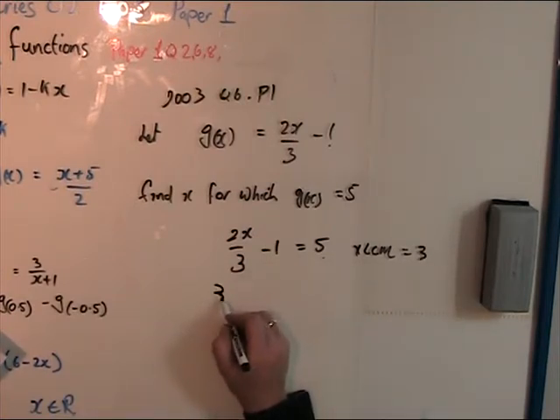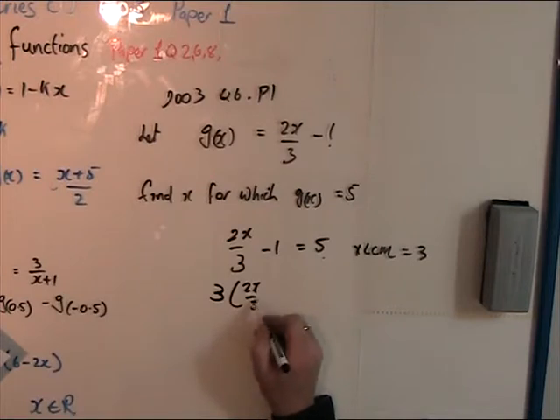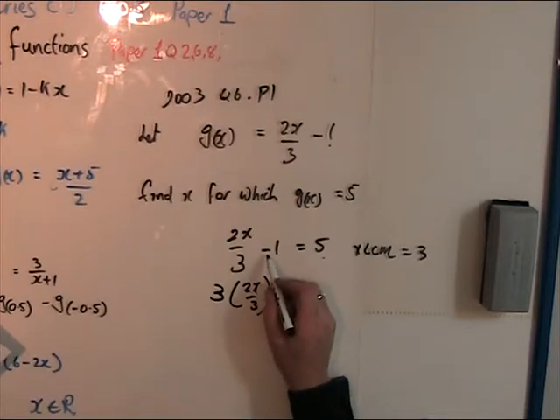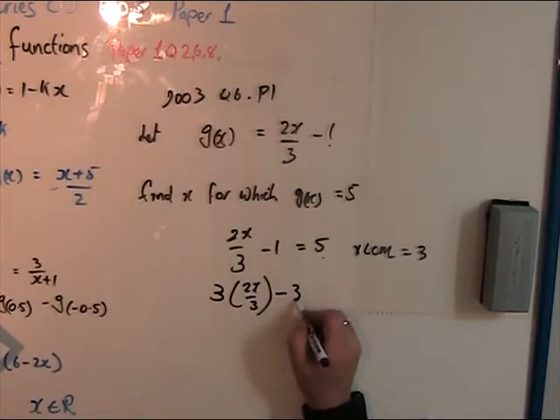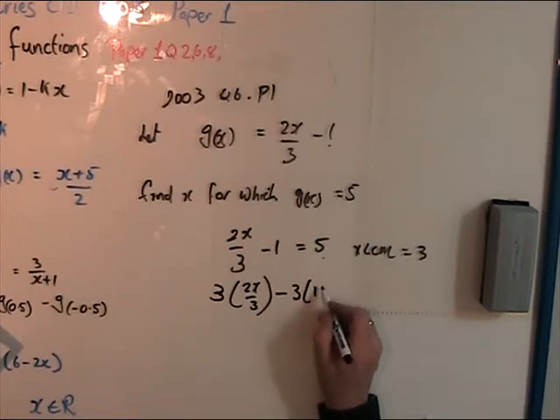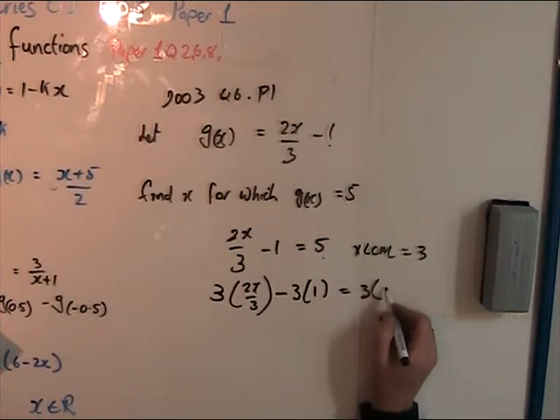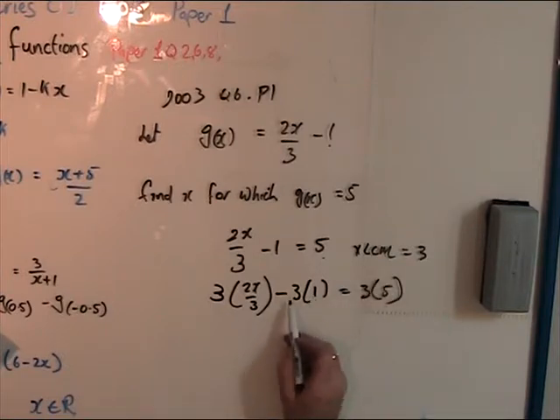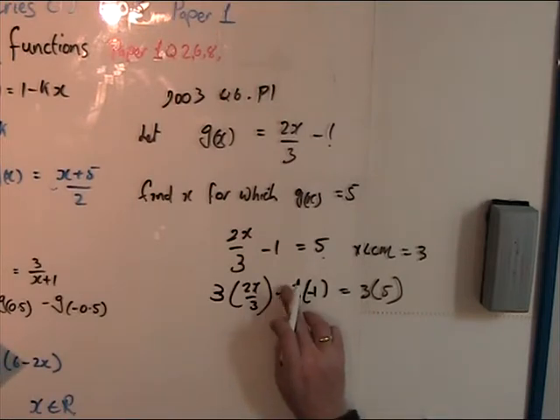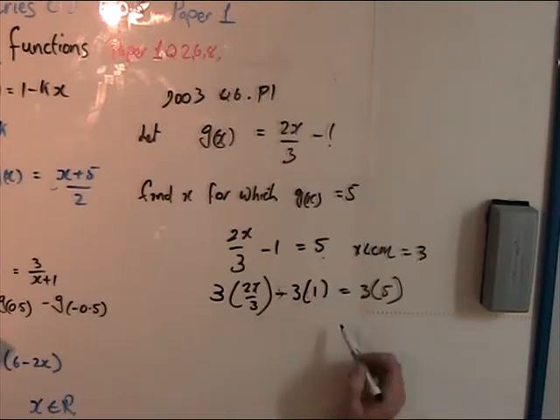So that's 3 times 2x over 3. Don't forget the minus here, put it in, minus 3 times 1 over 1, okay, is equal to 3 times 5. Now what's this minus? Well, I could put plus 3 by minus 1, but I like to get this sign sorted before I do anything, you know. Again, make sure that everything's okay.